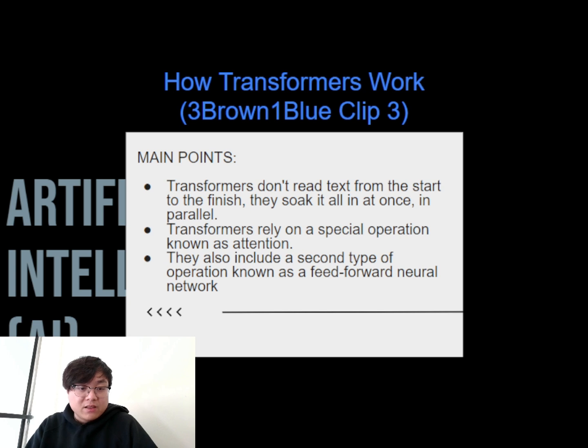These networks give the model extra capacity to learn and store the complex patterns found in language. By processing text in parallel and using attention and feed-forward networks, transformers can generate remarkably fluent and contextually relevant text.